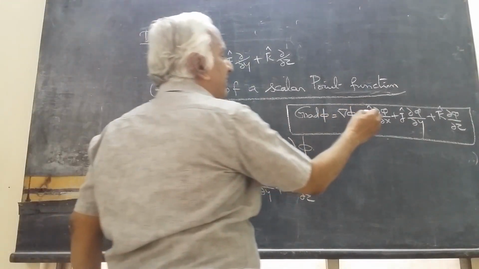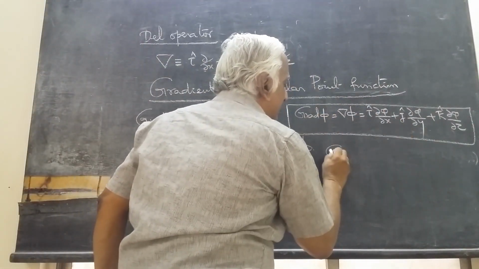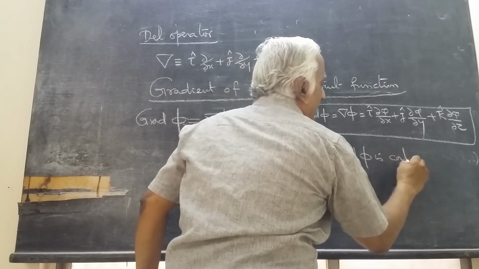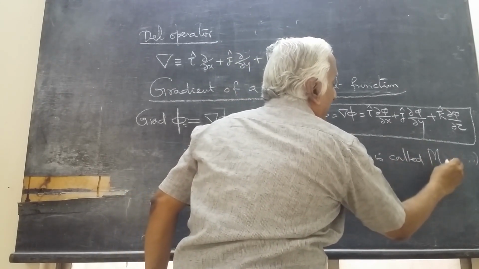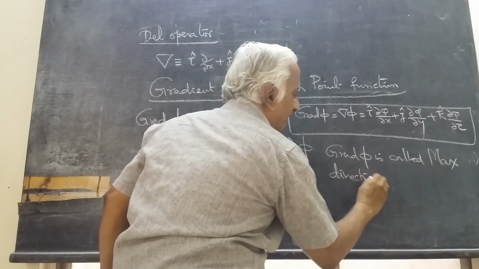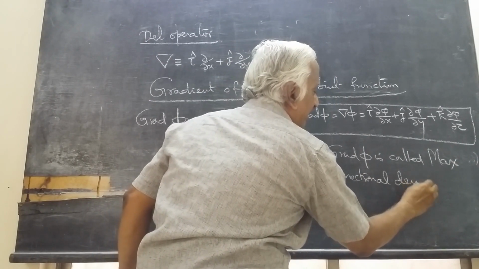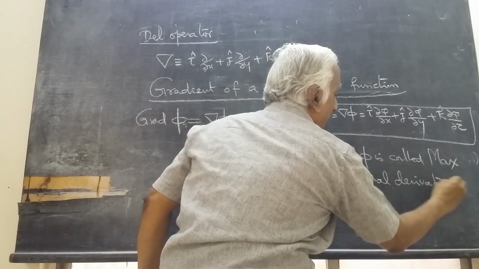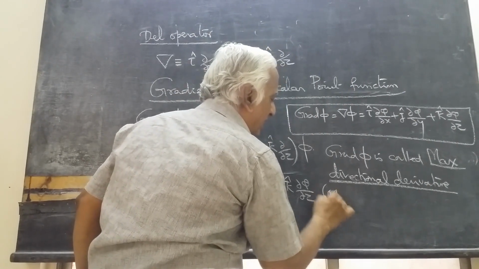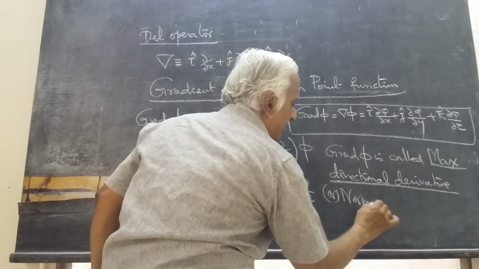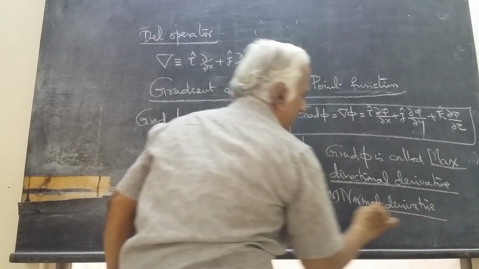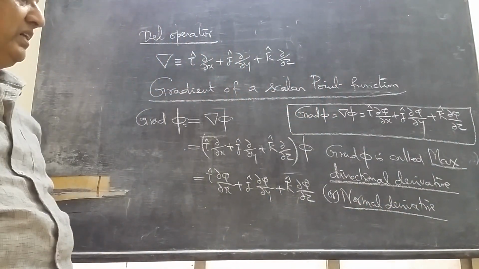The gradient phi is called the maximum directional derivative, or the normal derivative.